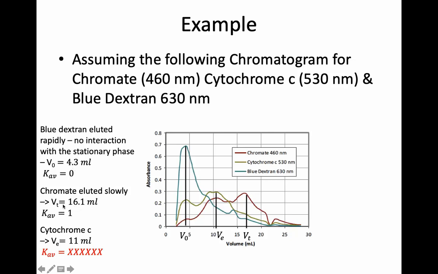And we know instead that the maximum for our cytochrome C happens at an elution volume of about 11 milliliters. So we're going to use these three parameters to find the gel partition coefficient for cytochrome C. And this is the end of the lab.